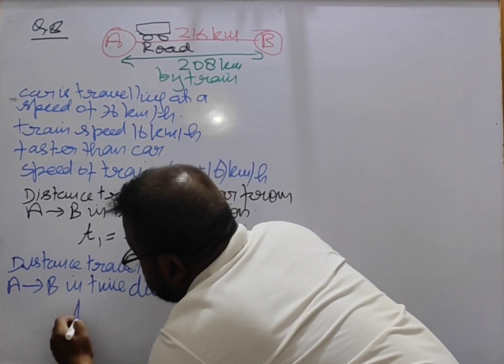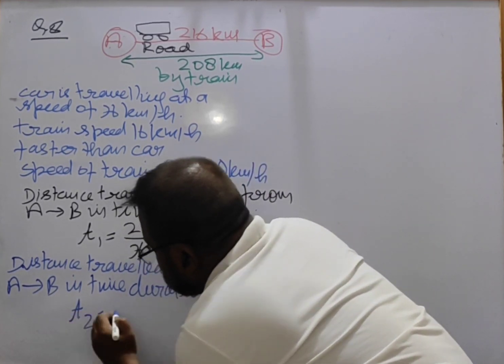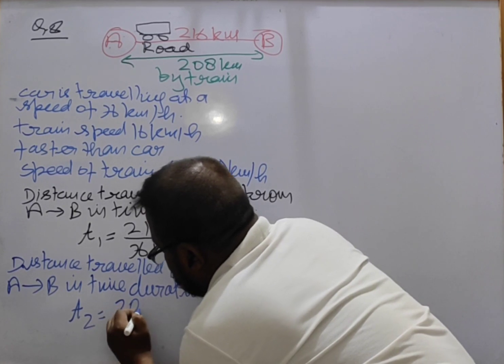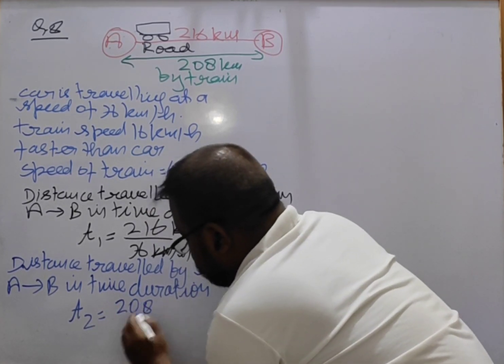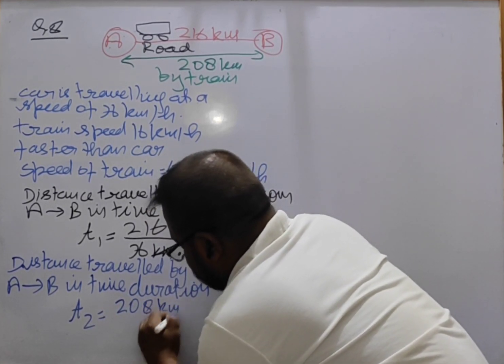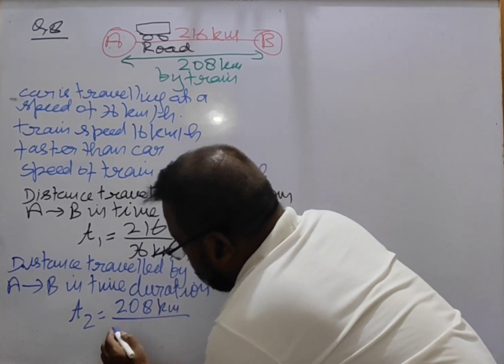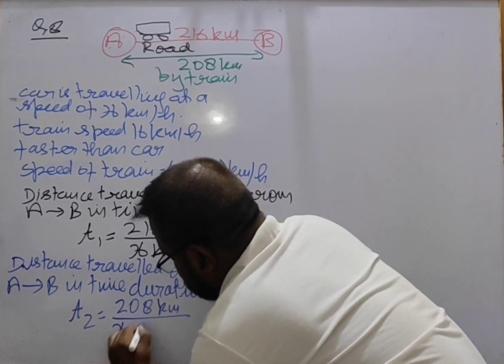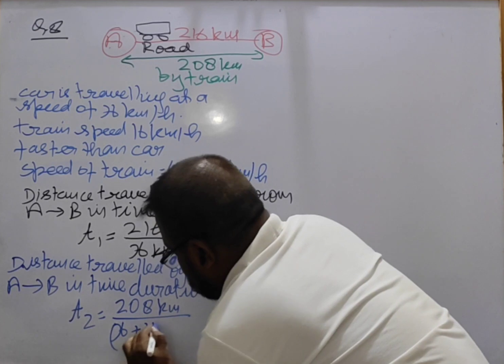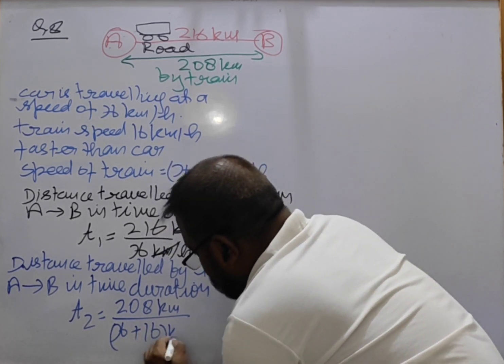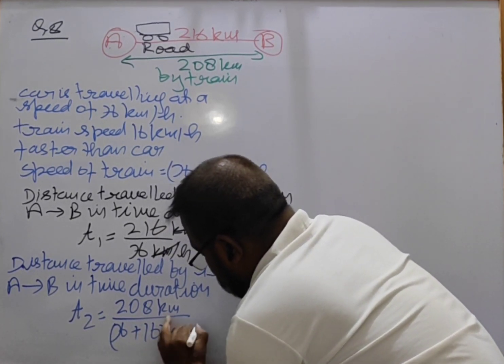T2 is equal to 208 kilometer upon x plus 16 kilometer per hour.